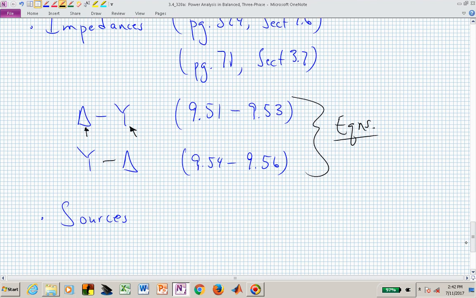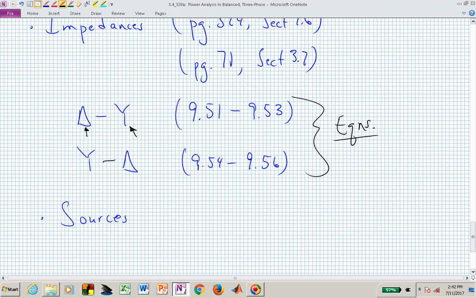And we will probably go through, but you can now apply that impedance conversion to the sources if you have source impedances that are connected either in delta or Y and you want to go the other direction.